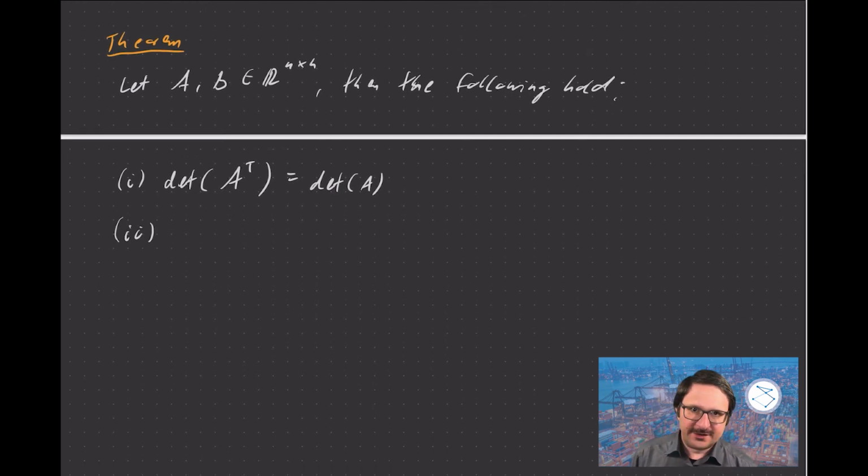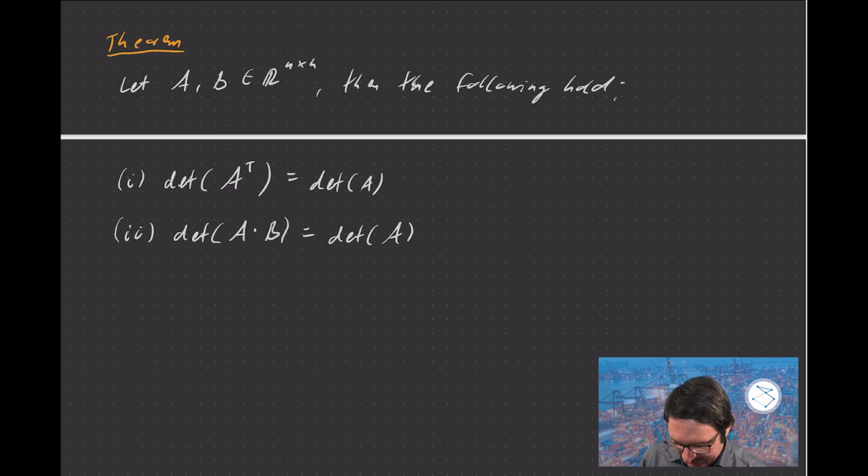Second property, this is where B comes into play. The determinant of a product of two matrices, that's interesting actually, is the same as the product of the determinants, like this here.